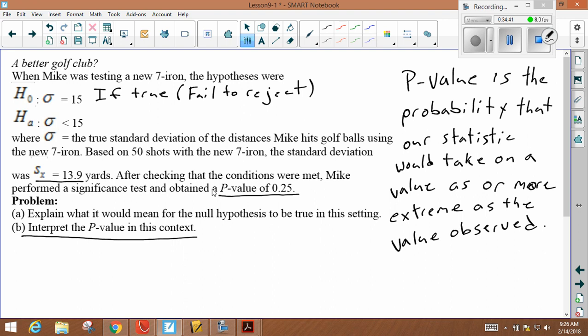I don't know. 0.25 is actually 1 out of 4 times. It's actually fairly likely. That's a fairly likely event, right? Those are decent odds. So I would say that there's really not convincing evidence at that point that he needs new clubs, right? That when using the new clubs, his standard deviation was actually less than 15 yards.